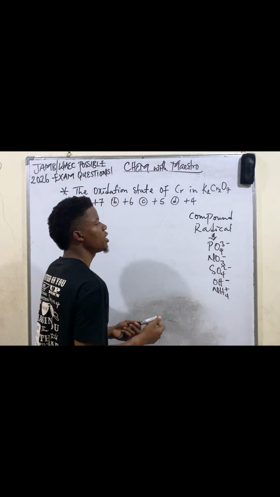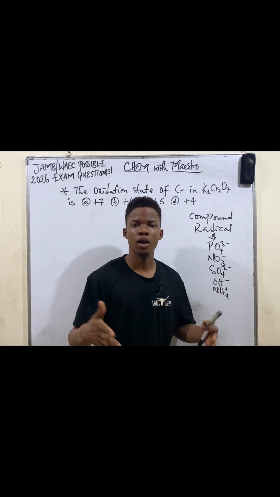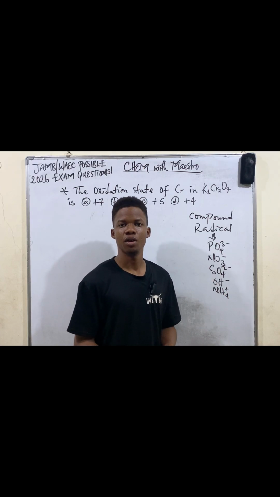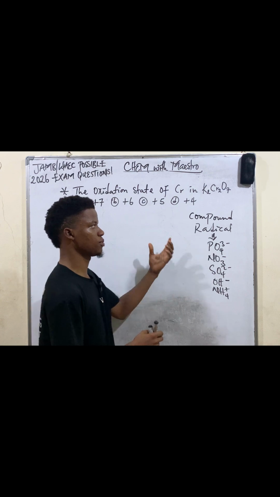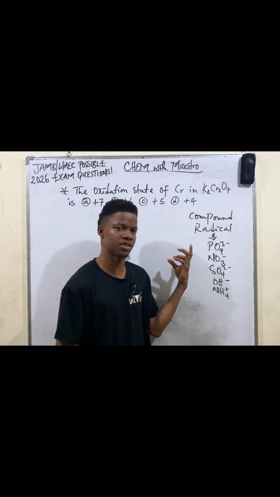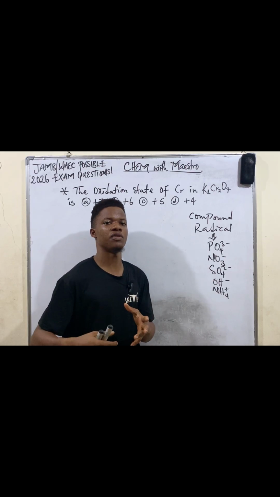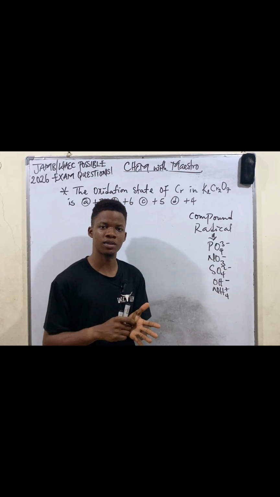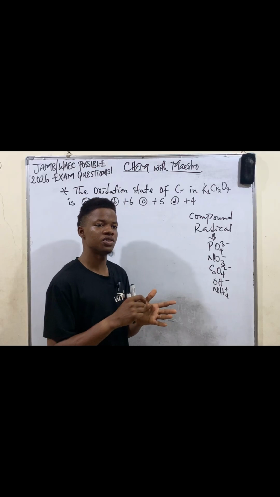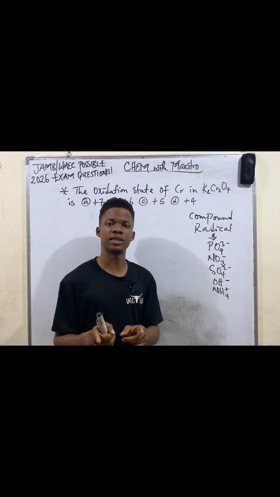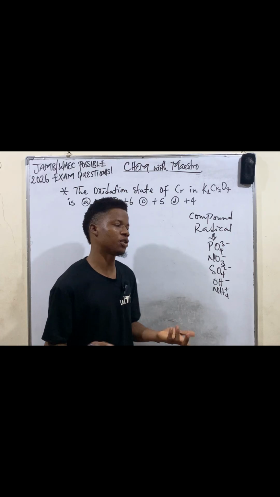Now what's a compound? For this topic, I'll just say a compound is atoms without charge. I made that definition so that you really get it, but that's not the actual definition. The actual definition is that a compound is the combination of two or more elements chemically joined together.